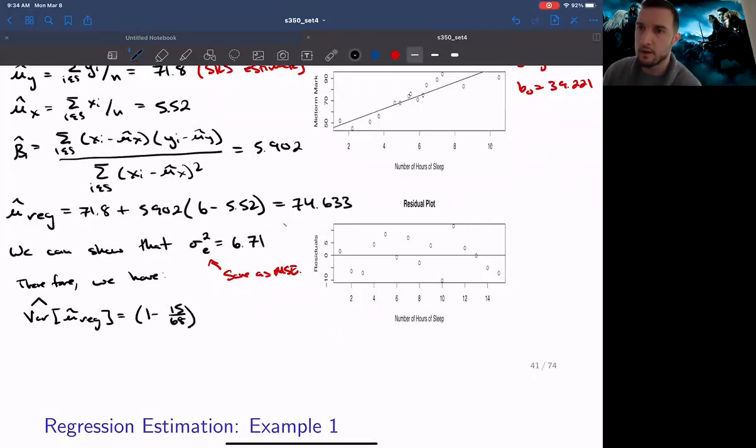Notice in this case that we can assume the FPC is going to be used because it's pretty clear that 15 over 68 is not going to be smaller than 5% of the population size. And then we'll have 6.71 divided by 15. And this gives us 0.3487.